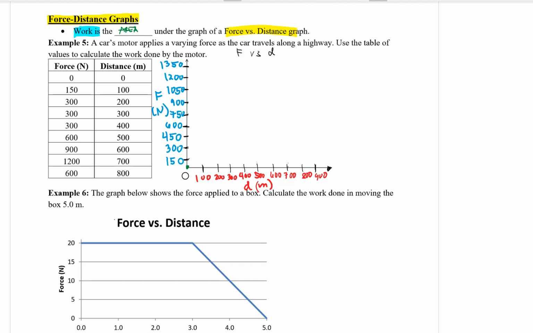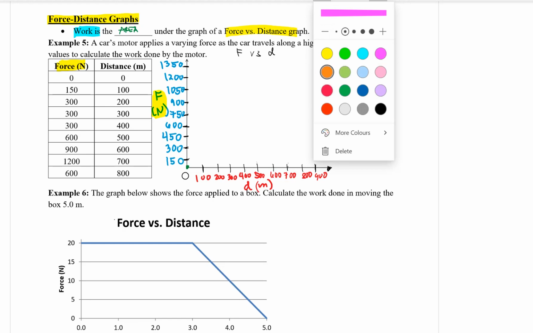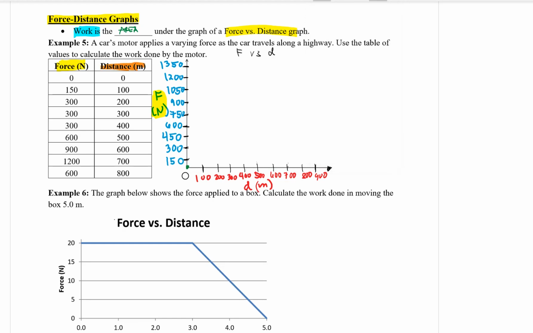So if I'm gonna graph this one, I'm gonna place my force along my y-axis, and then I use the increment of 150, and I have distance along my x-axis.